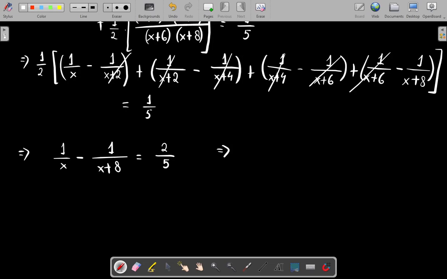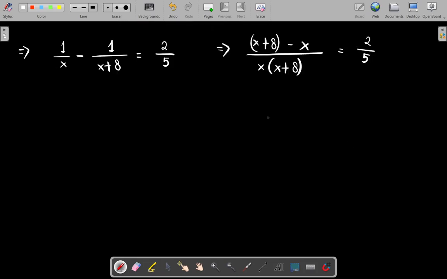Okay, so after taking the LCM, now in the numerator we have x plus 8 minus x. In the denominator we have x times x plus 8, right? After taking the LCM, this is equal to 2 upon 5. So this gives us 8 in the numerator, and the denominator is x square plus 8x, and this is equal to 2 upon 5.